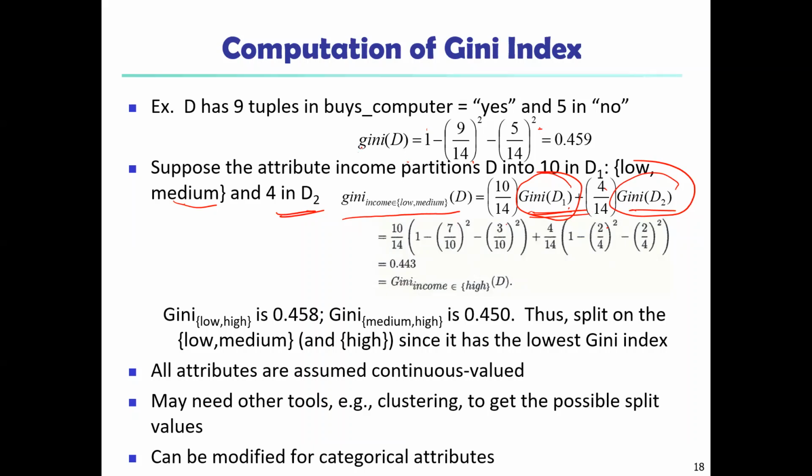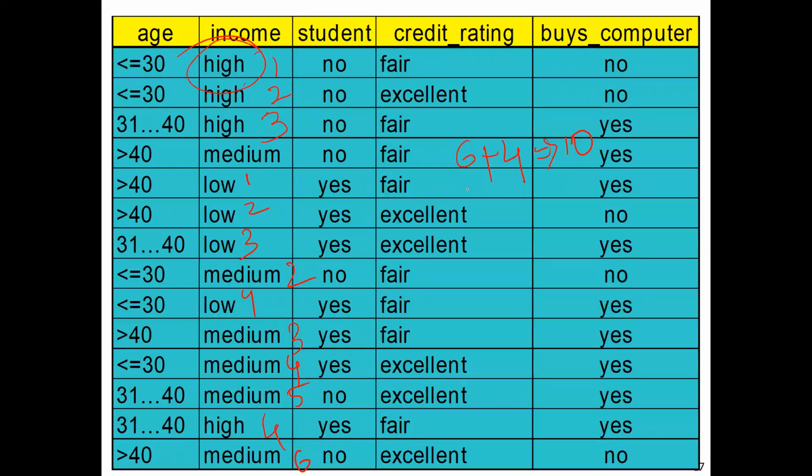To find Gini of D, we need how many yes and how many no. So 1 minus how many yes, and 1 minus how many no. We'll see, for income, for low and medium, we need to find first. We have to count now.